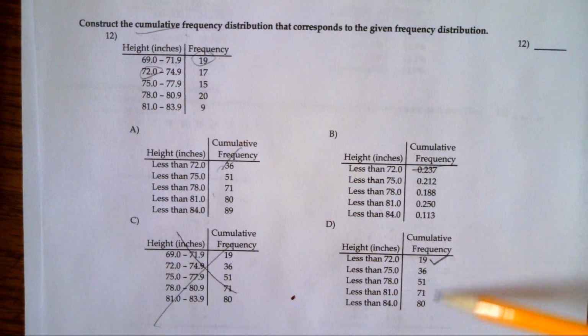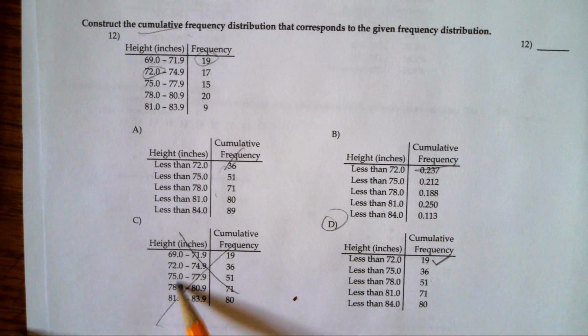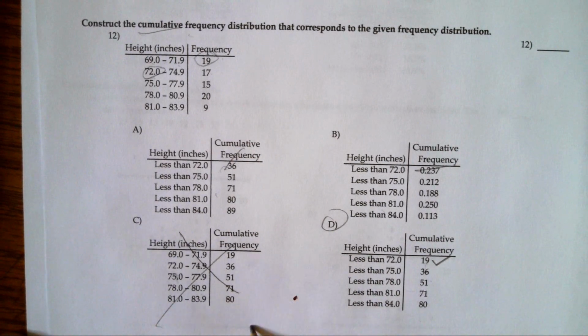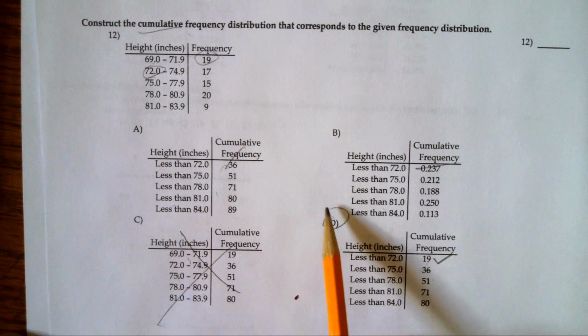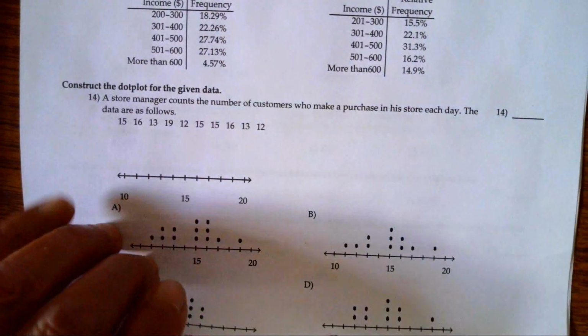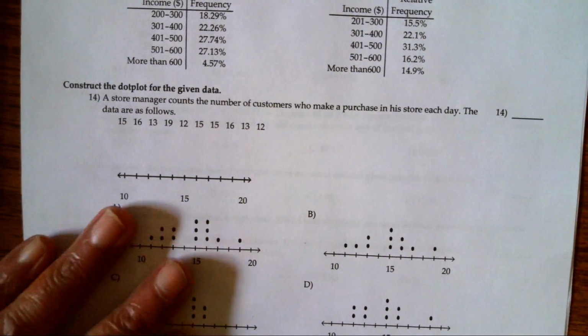So I knew that answer was D already. I'm moving on. It could have been this one, but it didn't have the words less than. Notice these numbers and these numbers are exactly the same. But the reason that this wasn't the answer is that it has to start out with the words less than. All right, so that's number 12.